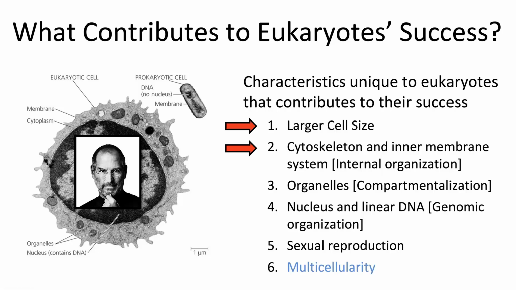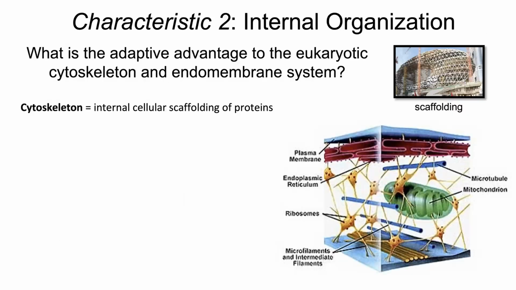And when I talk about all of these unique characteristics, things like organelles, a cytoskeleton, a nucleus, sexual reproduction, multicellularity, these are all unique game-changing innovations that eukaryotic cells came up with. So you can kind of think of eukaryotic cells as the Bill Gates of the cellular world, where they come up with these really unique game-changing innovations that really change the whole way that organisms work.